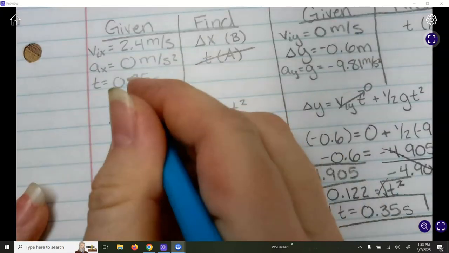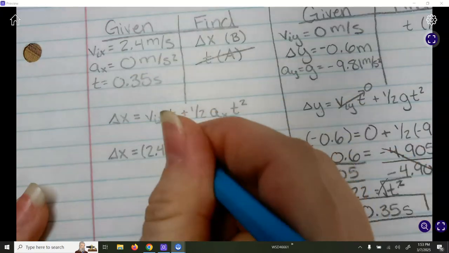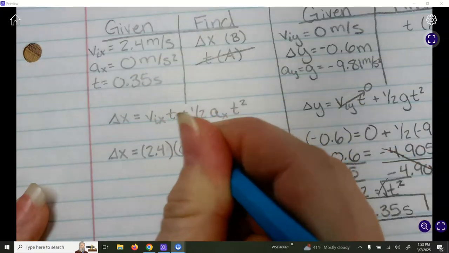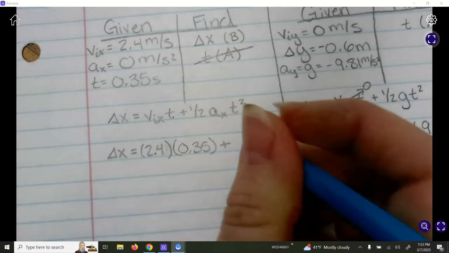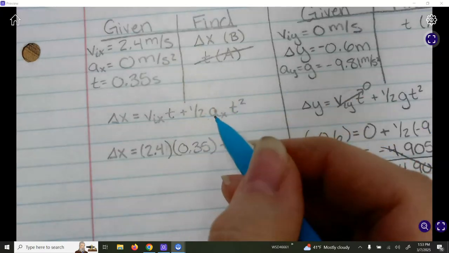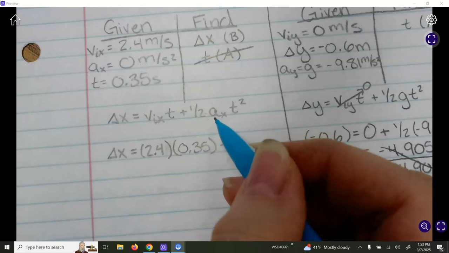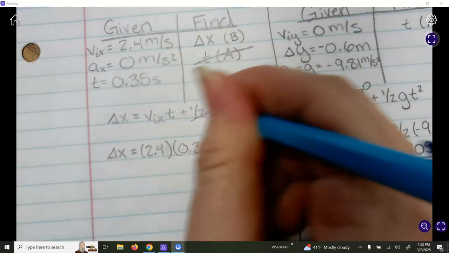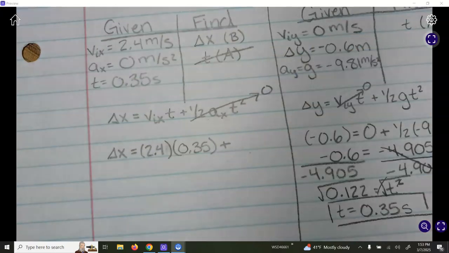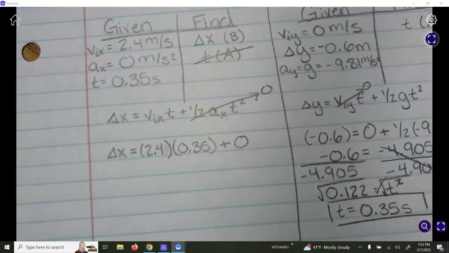My time is something that I already solved for, 0.35 seconds. And then we're going to add all of this, but we know that the acceleration is 0. So 1/2 times 0 times t squared, this entire chunk goes away. That's so nice because that's half of the problem right there. It makes it so much simpler.